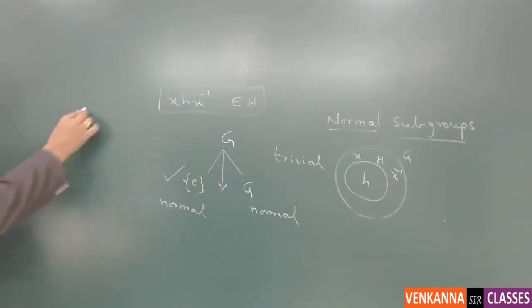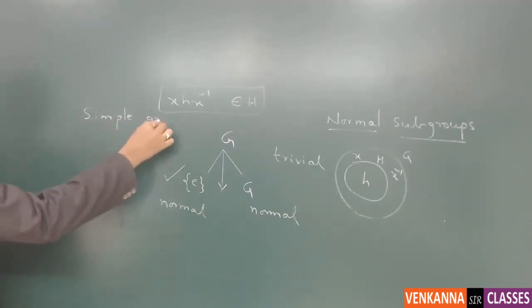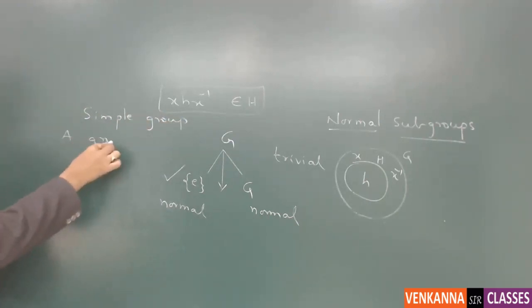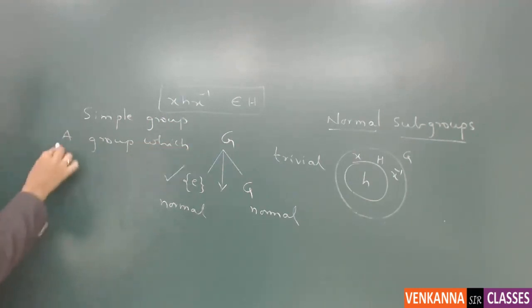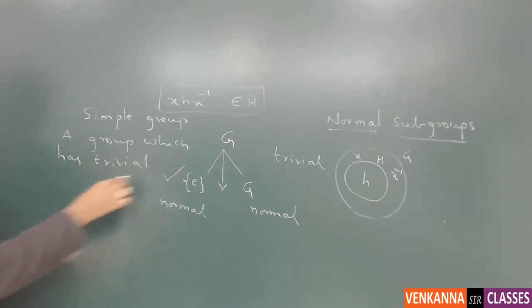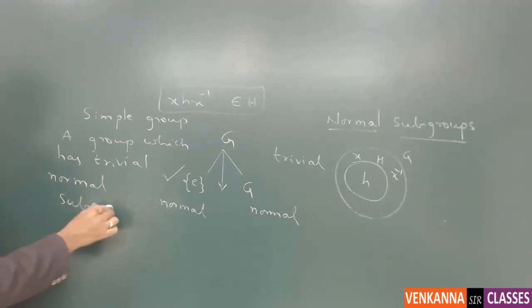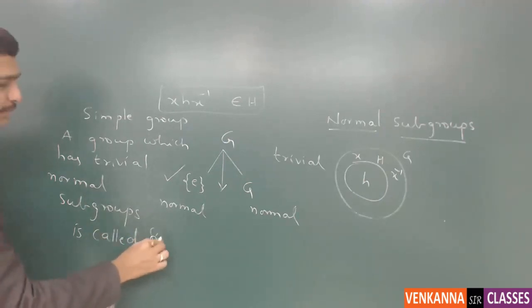And one definition we take: simple group. A group which has trivial normal subgroups is called a simple group.